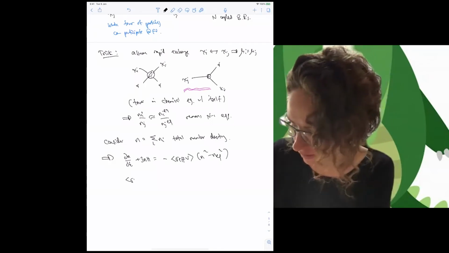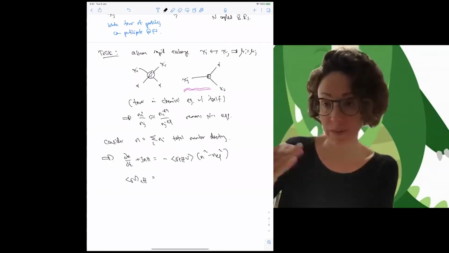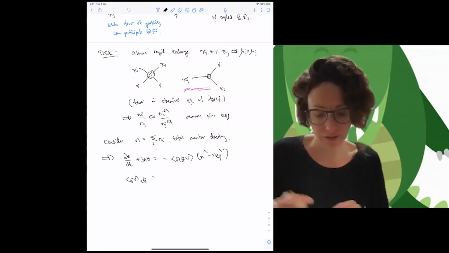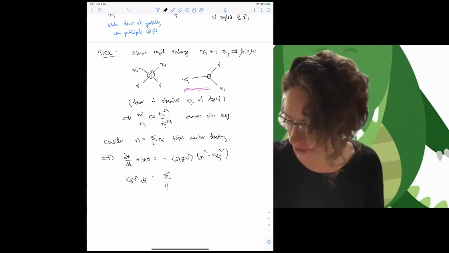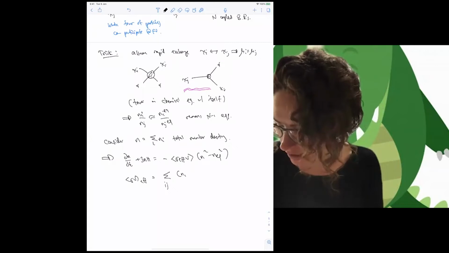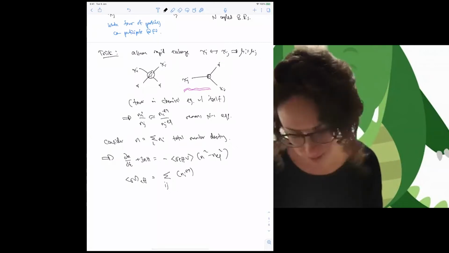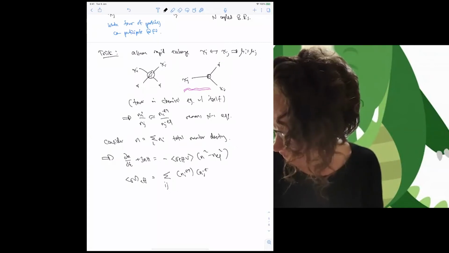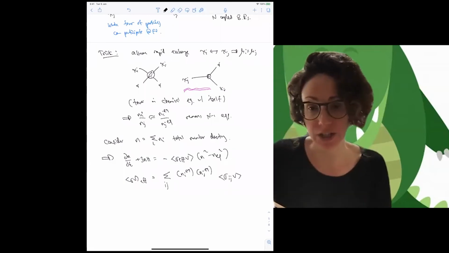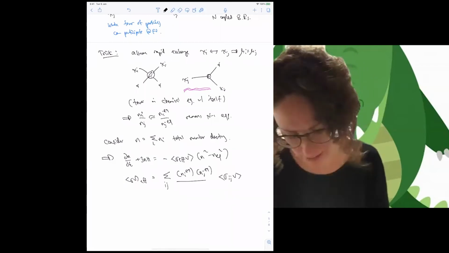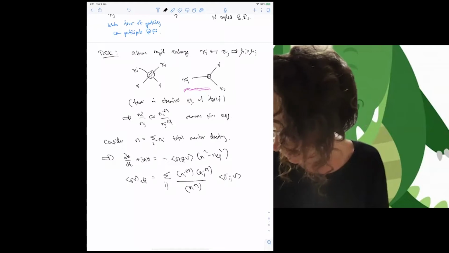You can work this out, but what sits over here is an effective cross-section, which has a very interesting form. It's summing over i's and j's, weighting the number density of i in equilibrium times the number density of j in equilibrium times the cross-section for i and j to meet each other, divided by the total equilibrium number density squared.